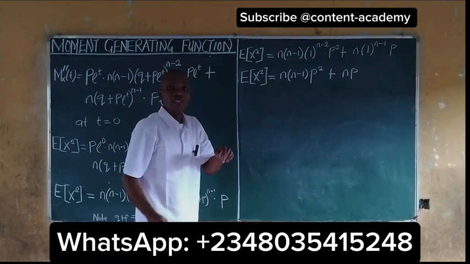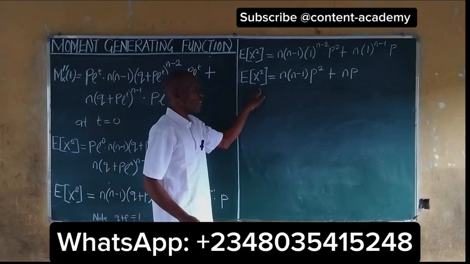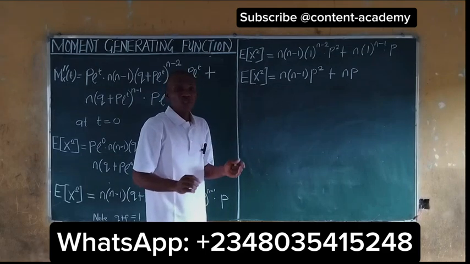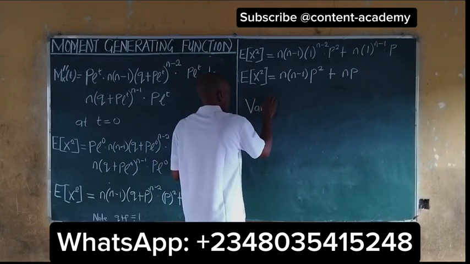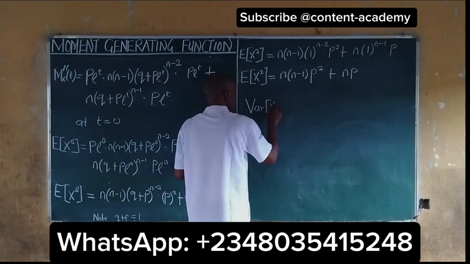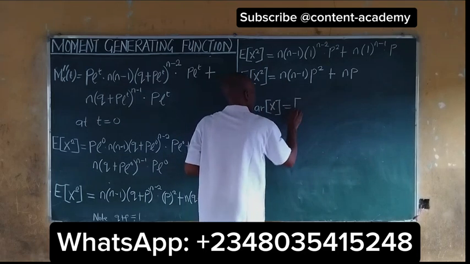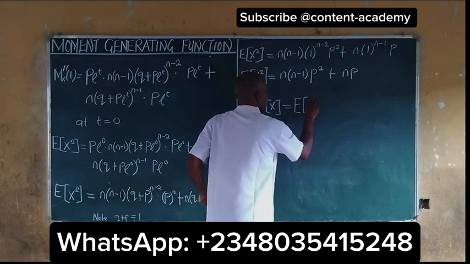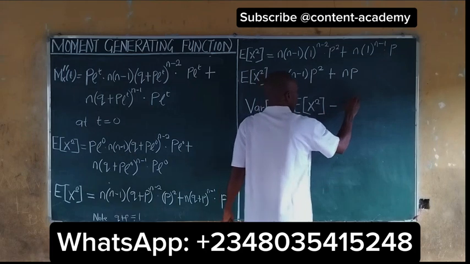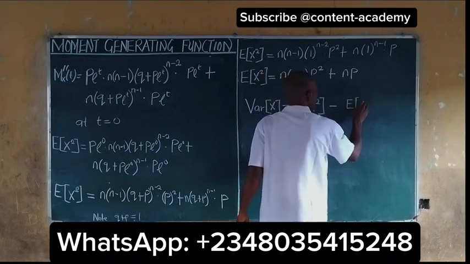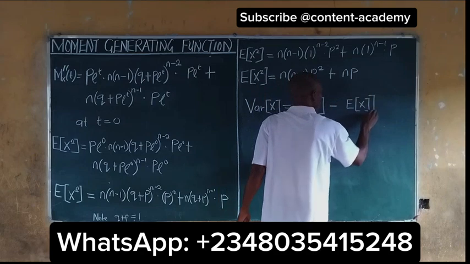We should also recall that what we have for our expected value of x is just np. So to calculate our variance of x, the variance of x is equal to the expected value of x squared minus the expected value of x, all squared.